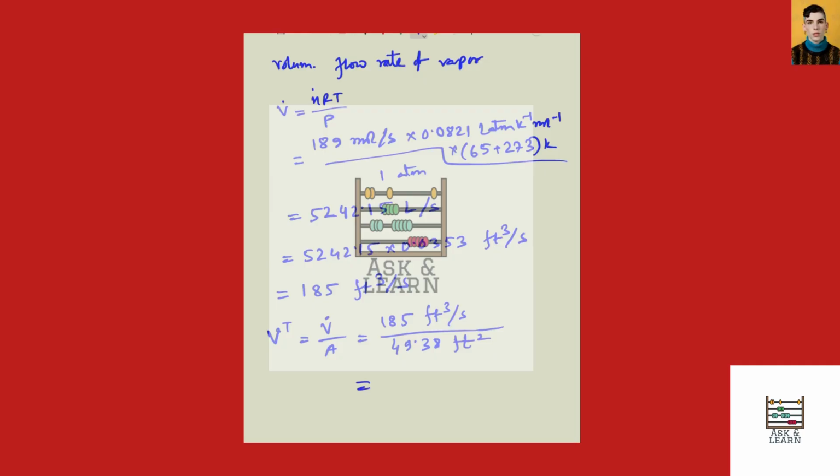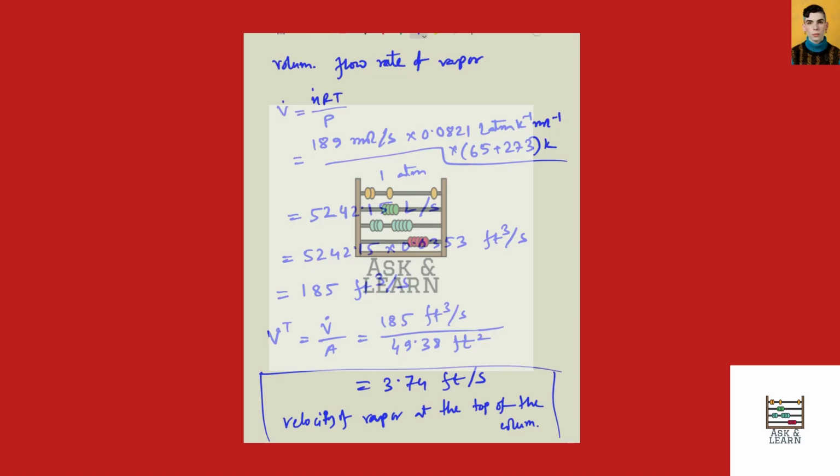Then we get the velocity of vapor at the top of the column as 3.74 feet per second.